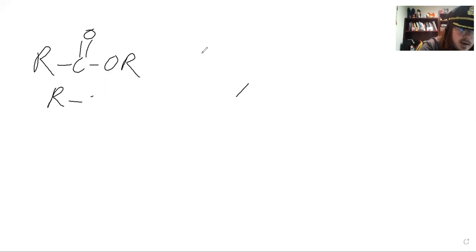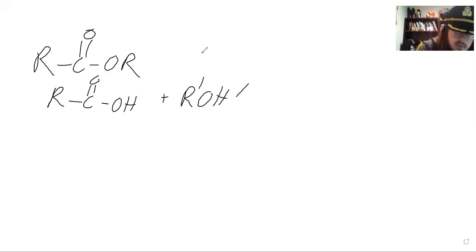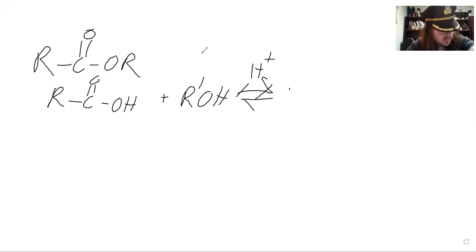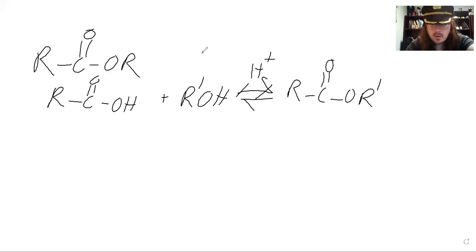We're going to combine an acid with an alcohol. In the presence of acid, the byproduct is going to be our ester. And of course, water.